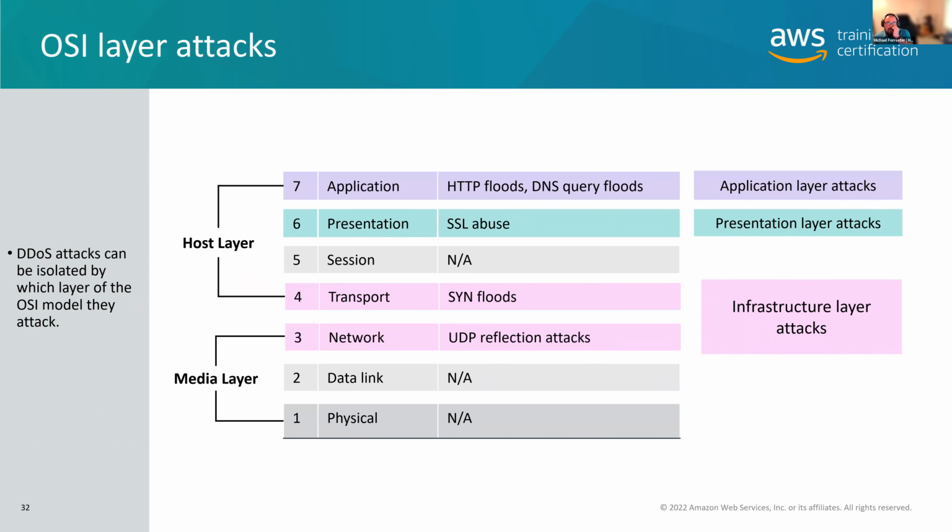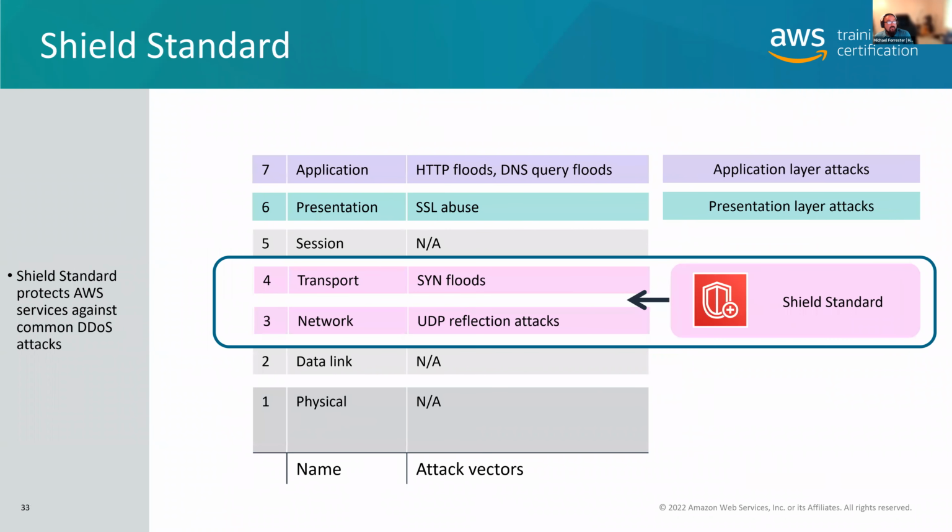AWS has a couple of tools that will protect you at different layers. For example, for the infrastructure layer, the base layer, they use Shield, and everybody has this by default. For layers above this, where you're not dealing with UDP reflection attacks, and you're having to deal with what looks like malicious traffic, either because they're abusing certificates or they're trying to do SQL injection or whatnot, you're talking about using a WAF at that point.